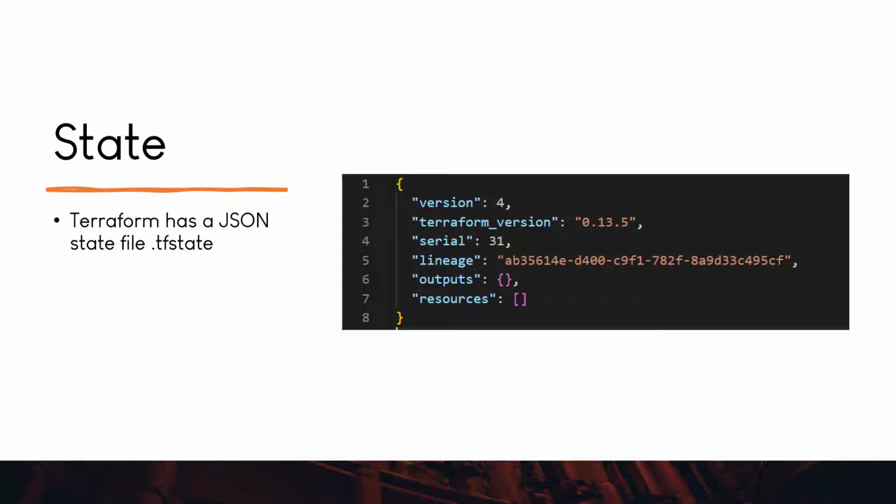It contains information on what Terraform has deployed and is used in future deployments to apply changes incrementally. On the screen is an example of the state file from the deployment I did for this session. Terraform state can include sensitive information. By default, Terraform state is stored locally.